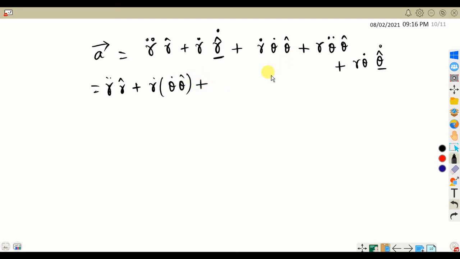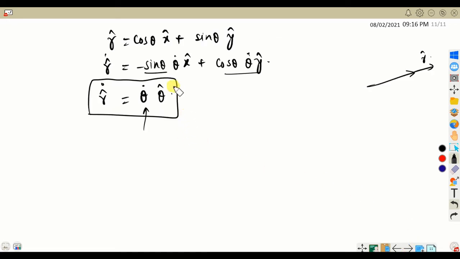Now here we have some involvement of r dot theta hat. Again, no change takes place, theta hat plus now theta hat dot. Yeah, this one is good. So I know what your theta hat is. Theta hat is minus sine theta x hat plus cos theta y hat. Is it correct? I think so.